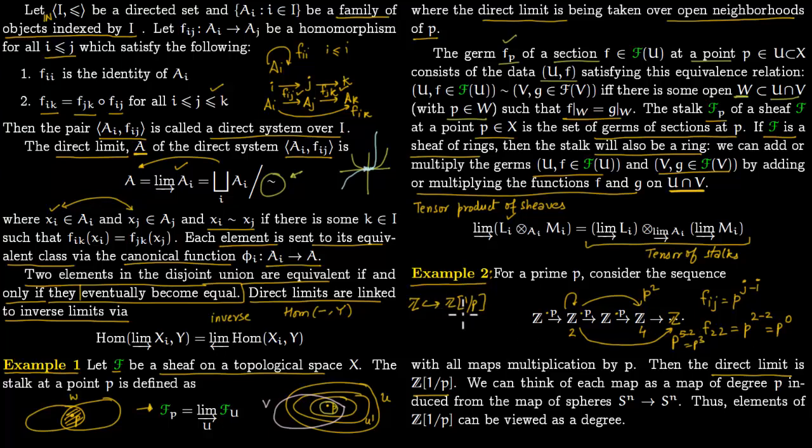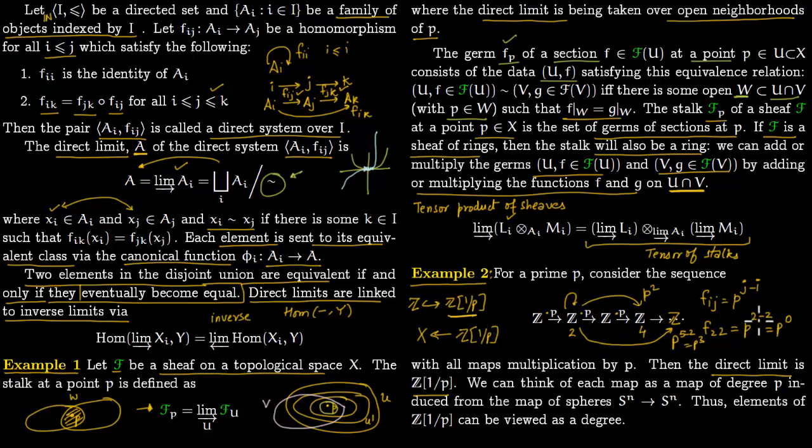So you need some inspiration to come to here, and in order to prove that this is the direct limit you have to use the universal property. I will not go into the proof of this, but you can just start with some set X and call it the direct limit, and then you have to construct a map from Z[1/P] to here, and then say that it satisfies the universal property, so Z[1/P] is the direct limit.